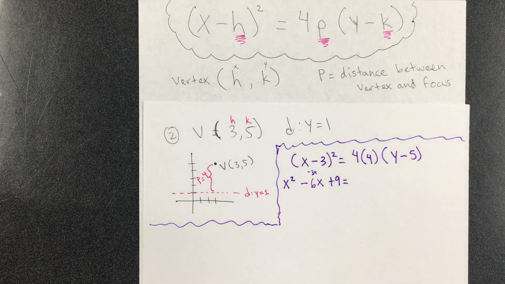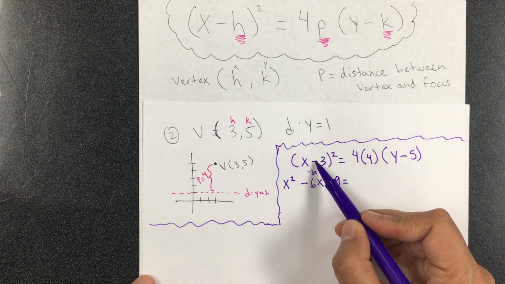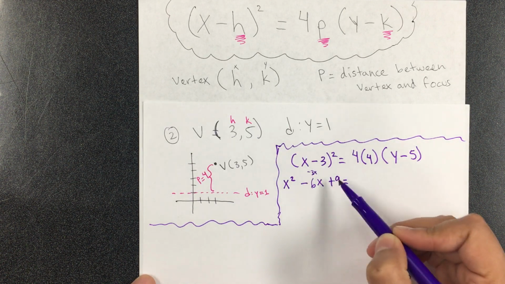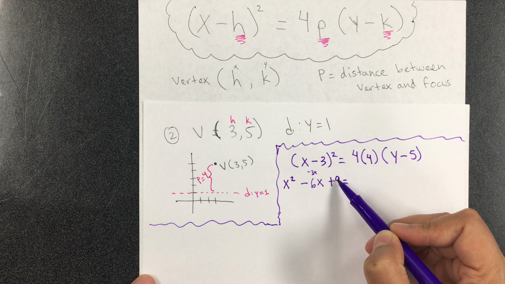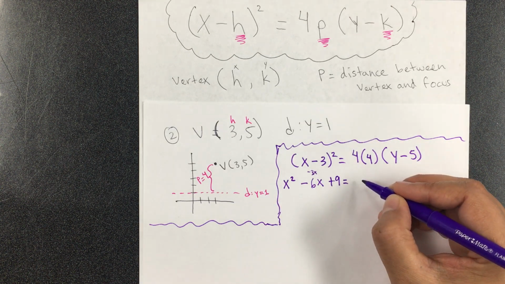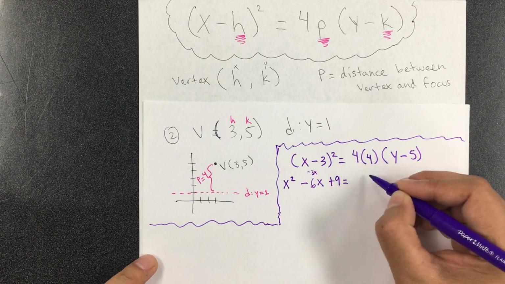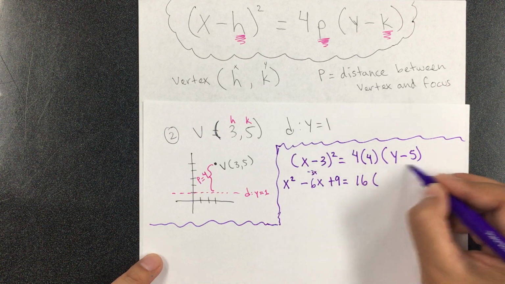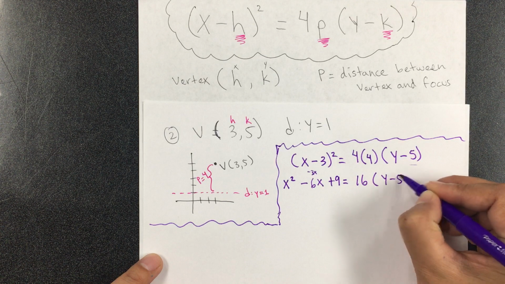Okay, another way of seeing it in here is just bring the same sign. The square root of this is 3, just double that. Okay, that's something that we saw in the past. 4 times 4 is 16. Bring this down, y minus 5.